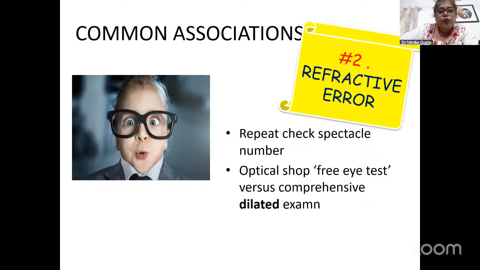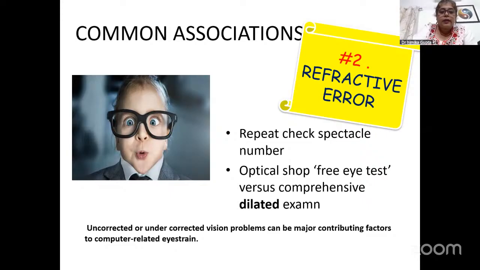Because if they go for that free eye test in optical shops, there's a high chance that an accurate eye evaluation has been missed out. So a comprehensive dilated examination, often in kids, is very important to come to the conclusion whether the child has specs and what is the correct power that the child needs to actually wear in his or her specs. So remember this, that quality is very important, especially in kids.